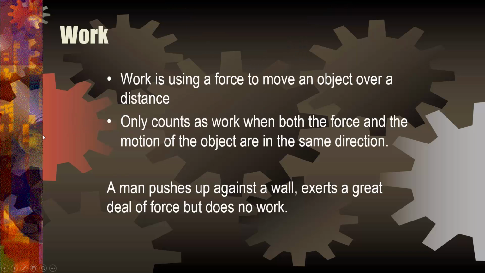What is work? Work is just simply using a force to move an object over a distance, okay? So on the next slide, you'll see that the formula for work is work equals force in the moving direction times distance. Now, up until this point in time, we've always been trying, in most cases, to get F net, okay? That is not what we want when it comes to work.